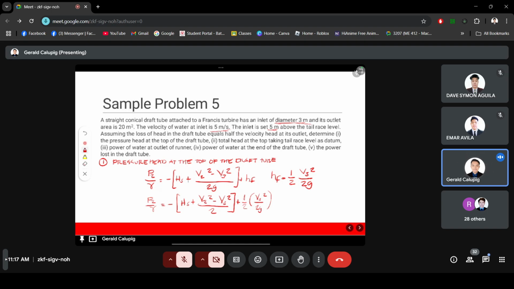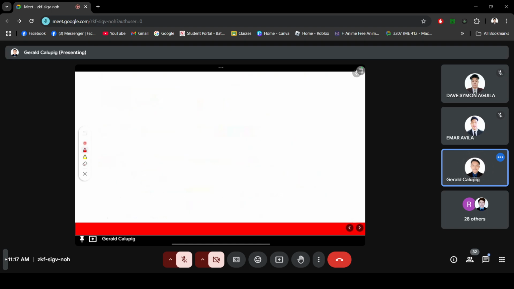V3 squared over 2G, which is the velocity head. Okay? Since this is a drop tube. Okay, wait lang po. 4. This is the power at the end of the drop tube.